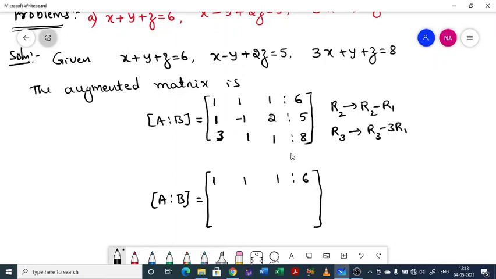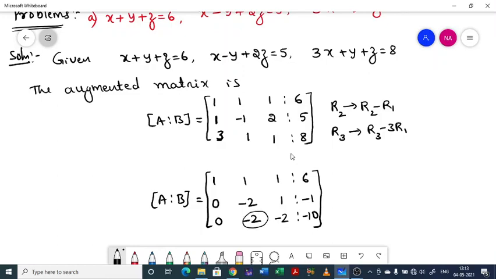Second column, second row: 1 minus 1 is 0, minus 1 minus 1 is minus 2, 2 minus 1 is 1, 5 minus 6 is minus 1. And this will be 3 minus 3 is 0, 1 minus 3 is minus 2, 1 minus 3 again is minus 2 colon 8 minus 18, so minus 10. So these two entries are reduced to 0.